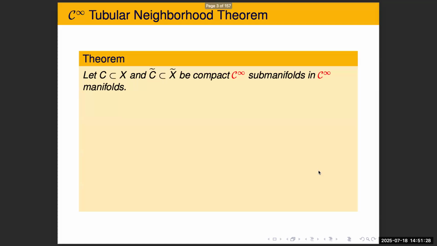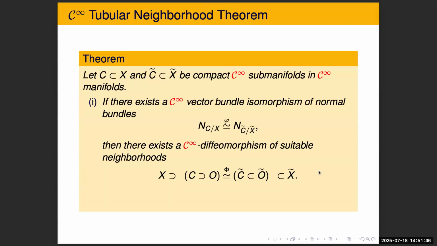It states like this. Suppose you are given compact differentiable submanifolds in differentiable manifolds, C in X and C tilde in X tilde. If there exists a smooth vector bundle isomorphism between the normal bundles, then there exists a smooth diffeomorphism of suitable neighborhoods of the submanifold in the differentiable manifold.